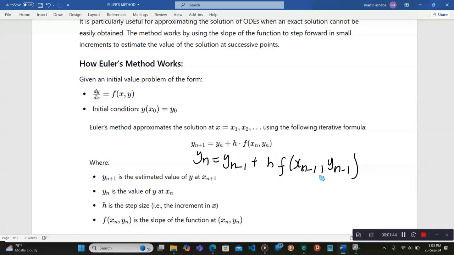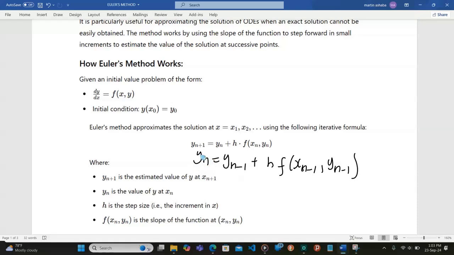So when we substitute in the value of the function, like x n minus 1, y n minus 1, into the function, times h, which is the step size, then plus y n minus 1, we'll be able to get the solution of that differential equation by looking at the nth iteration.